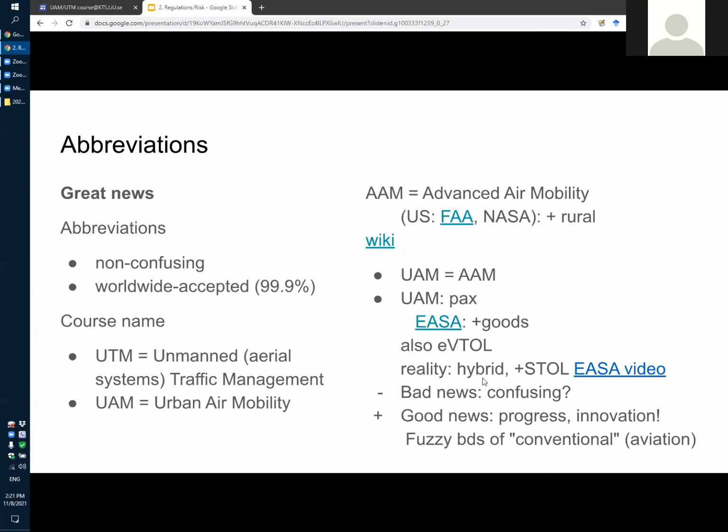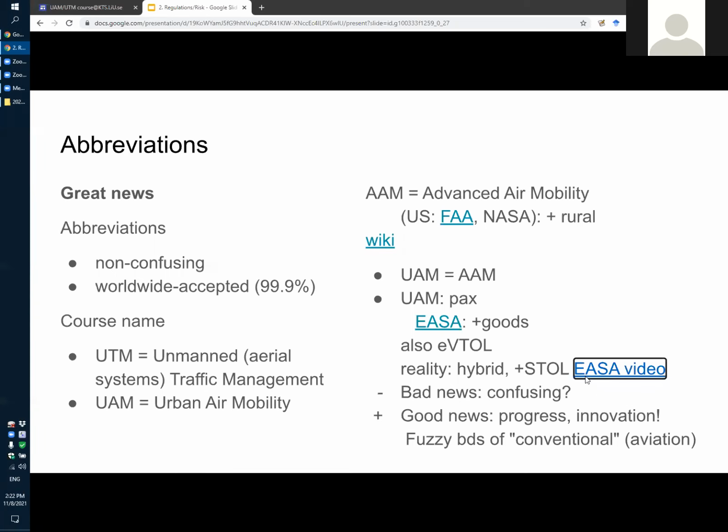Hybrid doesn't necessarily mean that you will use fossil fuel, maybe all these new ways to use hydrogen in a safe and efficient way. But anyway, possibly not only electric vertical takeoff and landing aircraft. So not only electric, and also not necessarily strictly vertical. There may also be short takeoff and landing, I mean, aircraft which use a very short runway and then take off more or less vertically.